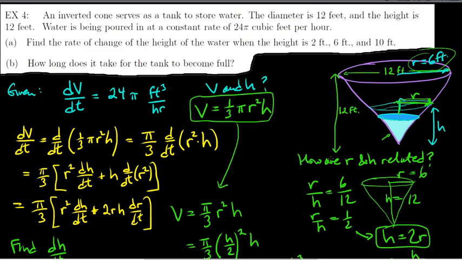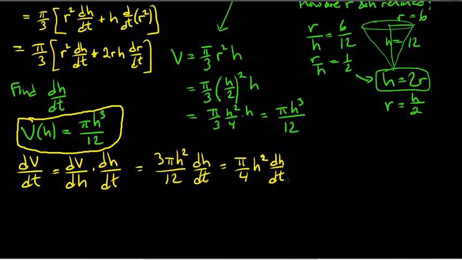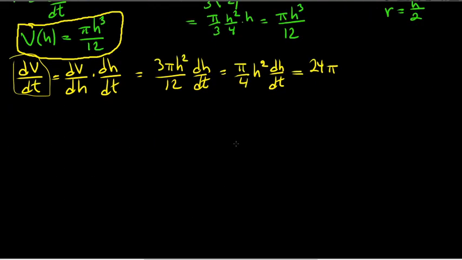Okay, so what do we know? We know that the derivative of v with respect to t is this 24 pi. So all of this is equal to 24 pi. Remember, that was the derivative of v. So we're solving for the derivative of h now. So pi h squared over 4 times the derivative of h is equal to 24 pi over 1.